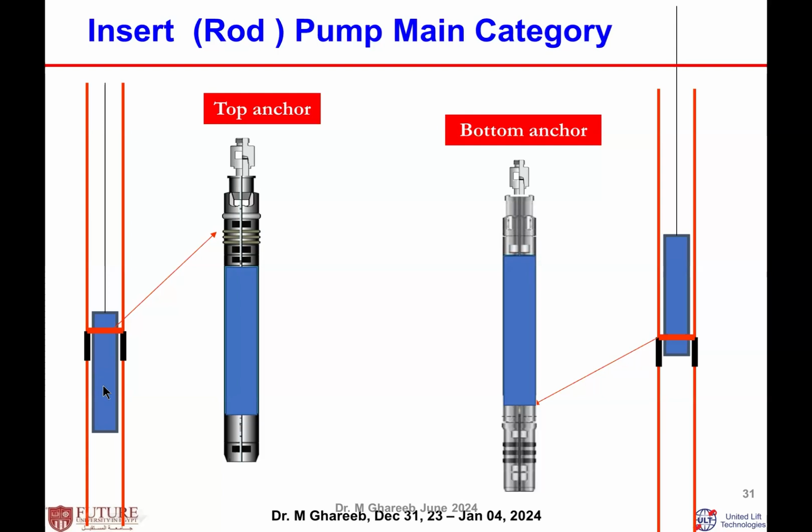This case is not found in the other type, because the pressure inside and outside in the downstroke will be equal. In the upstroke, the pressure outside will be higher than inside, but the collapse resistance is higher than the burst pressure.